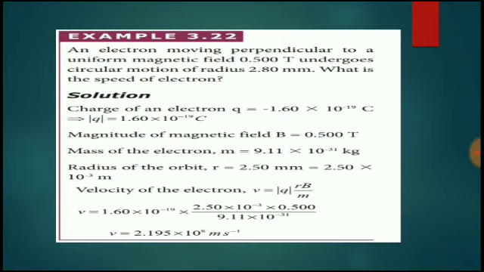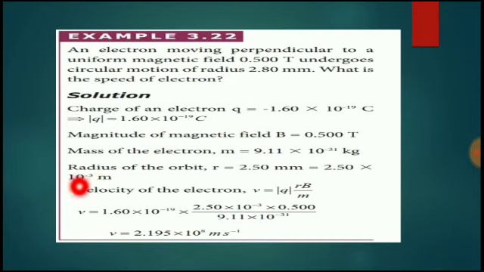0.500 Tesla, right? The mass of the electron, we know that m is equal to 9.11 into 10 power minus 31 kg. And the radius of the orbit, there is a printing mistake, it is 2.50 mm. That's why the radius is 2.500 mm.